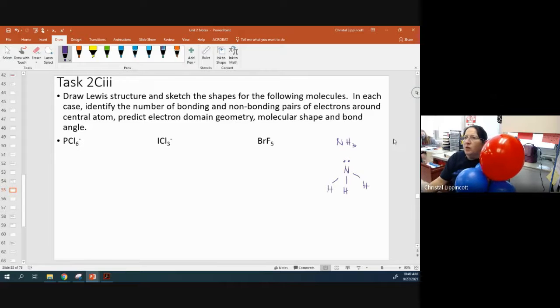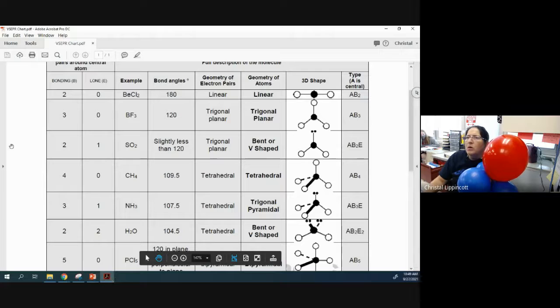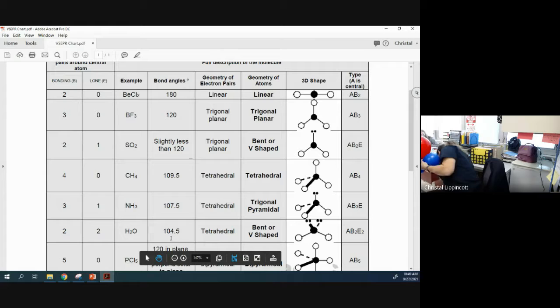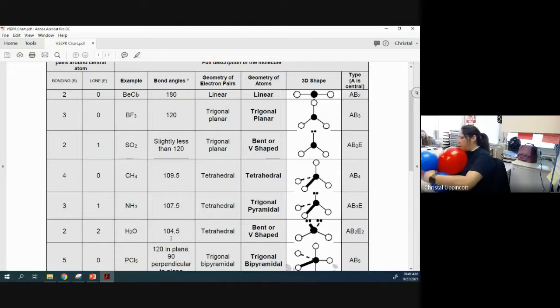And then I screwed up when I was talking about the other one. This guy was trigonal or bent or V-shaped, and it was slightly less than 120. I showed you bent or V-shaped, and that was 104.5. That was what I showed you with the 2 reds on here. When I showed you this guy, this is 104.5.